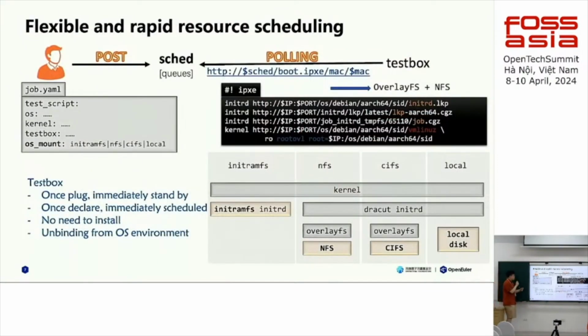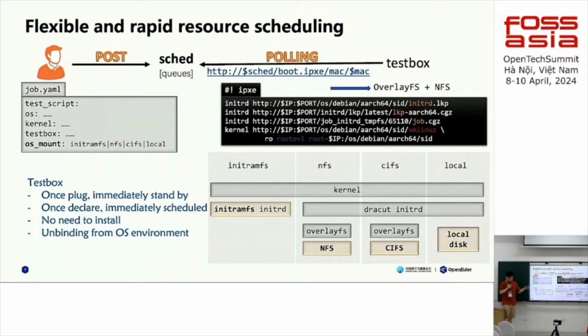Once the user submits the job YAML, the test box will grab it from the scheduler queue. Once it grabs it, it will use these 4 ways to prepare the environment needed for the job, instead of installing, because we know if we install an operating system on the machine the original way, from an ISO or a QCOW image, it will take a long time.